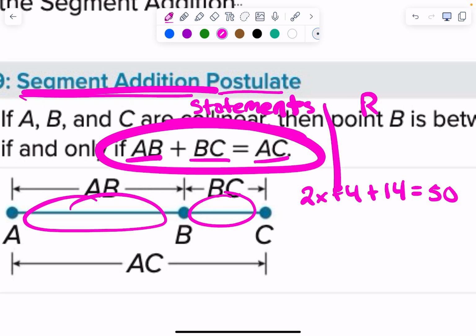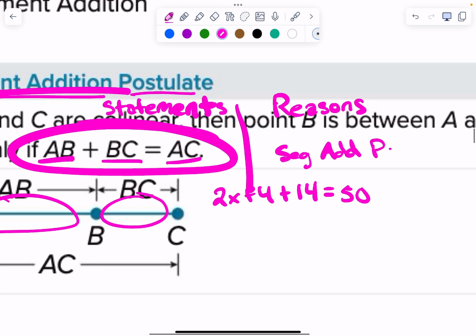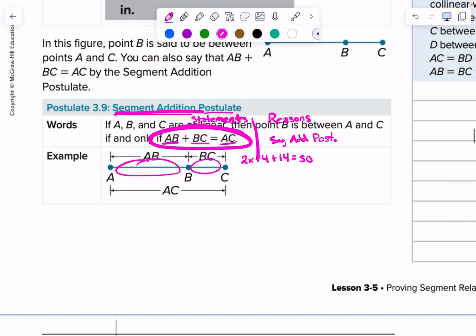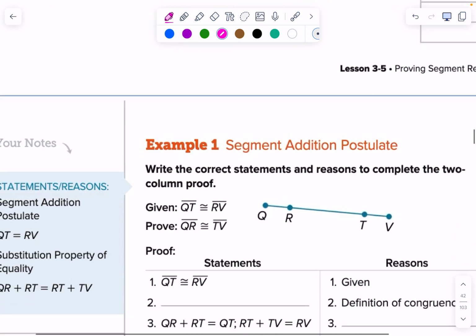And then the reason side, what do I put on the reason side? Segment addition postulate. That was what would go on the reason side. So statement side, reason side. Got it? We're proving that those things are true, right? That's what it would look like in a proof.